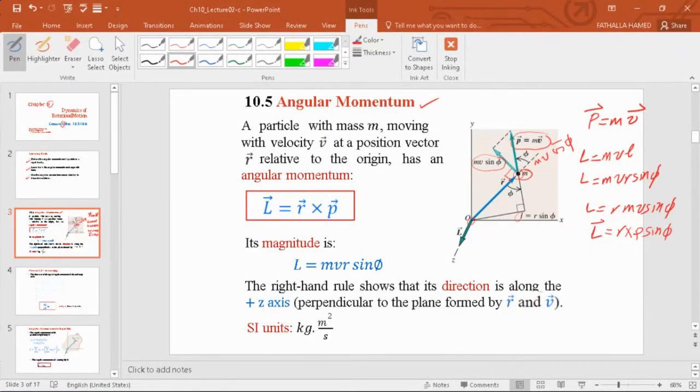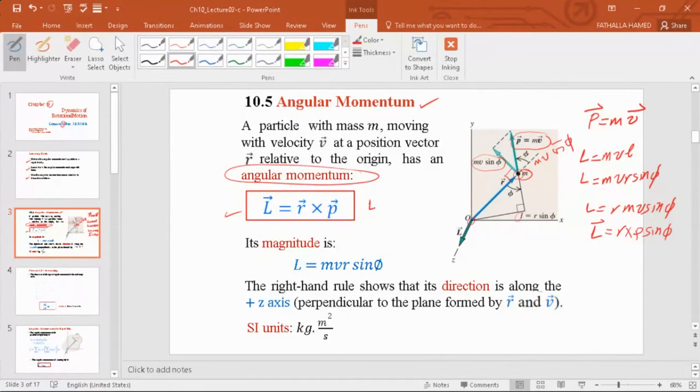So like what we did in the case of the torque, we can now look at the linear momentum and the position vector, and we can write our angular momentum here as r cross p.